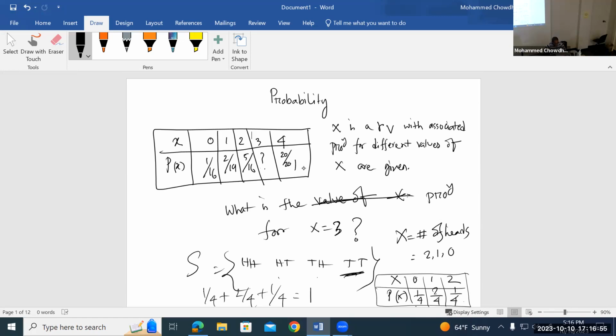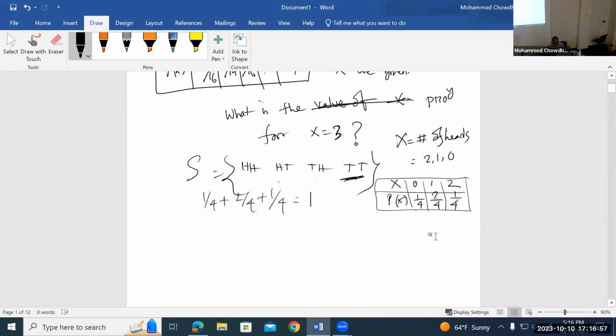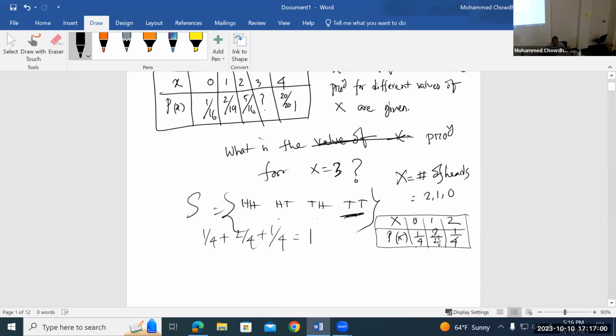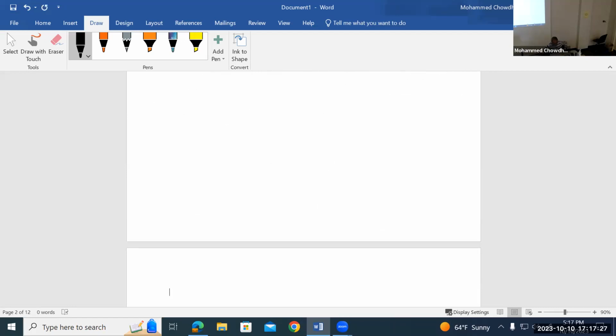Understand? So now, sorry, number 4, is that 20 over 1 or 20 over 201? So now, if we want to find the probability of X equal to 3, what would be the answer? 1 minus (1 over 16 plus 2 over 19 plus 5 over 16 plus 20 over 201).